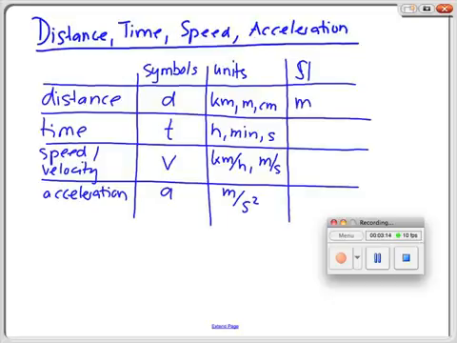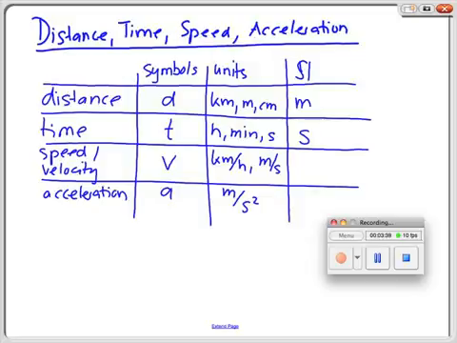For the time, it is the second. And all these other units would then be based on that. So meters per second is based on these very basic SI units. So this is the overview over distance, time, speed, velocity, acceleration in terms of the symbols that we use.